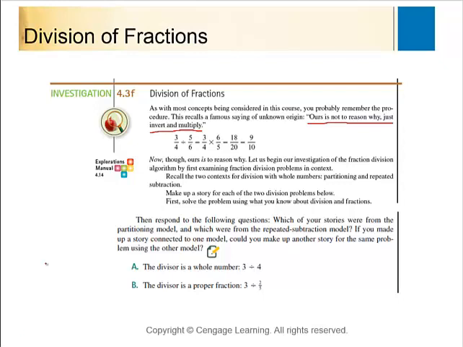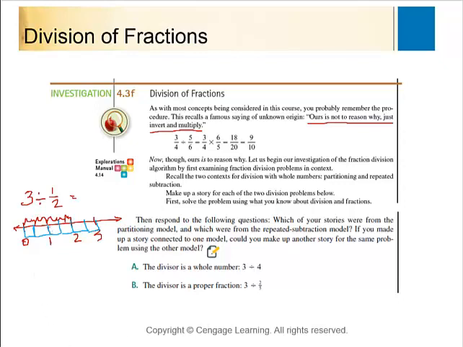So let's just say that we were looking at 3 divided by a half, because I can actually possibly draw this. So I'm going to divide from 0 to 3 into partitions of a half. Oops, that's getting a little messy. Let me redraw.